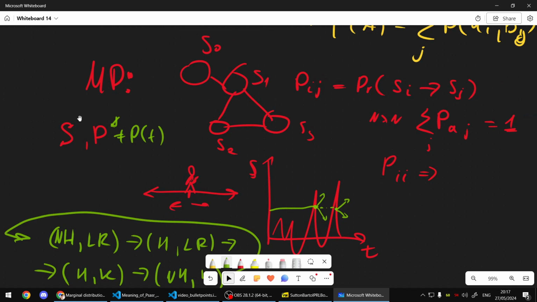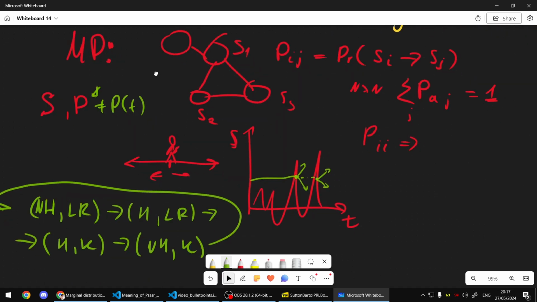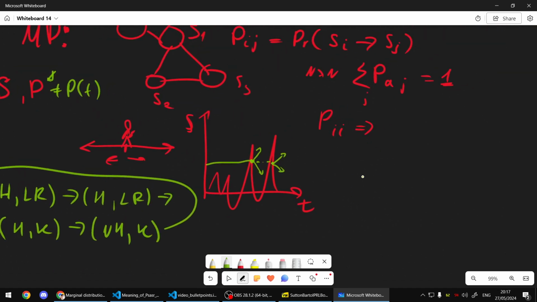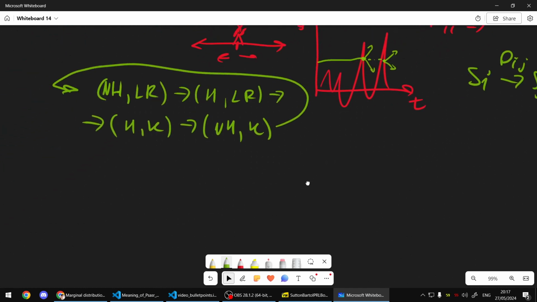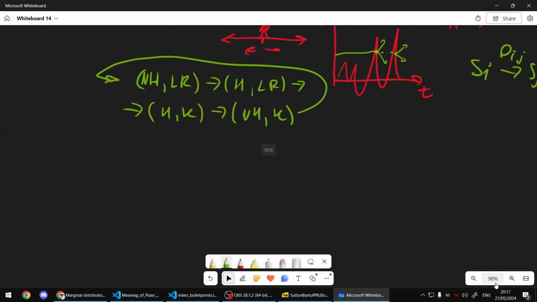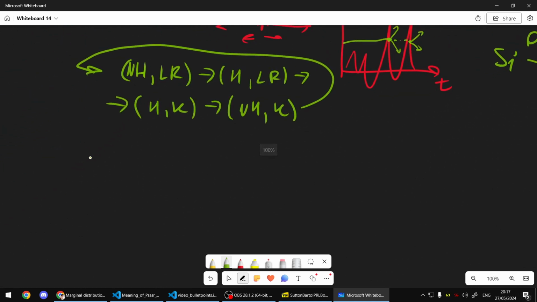So a Markov process is simply states and probabilities: you can transition from state Si to state Sj only via probability Pij, and that's the limitation. Now you can introduce your Markov decision process.